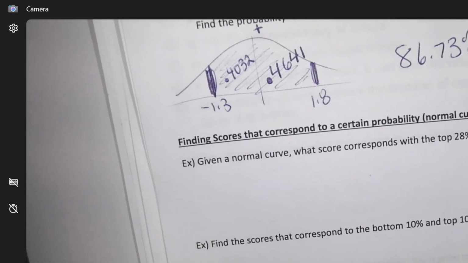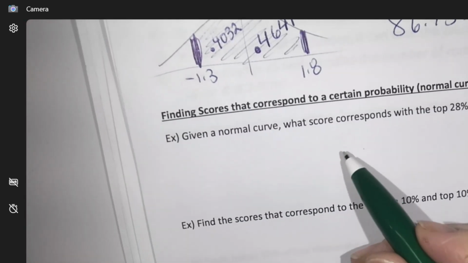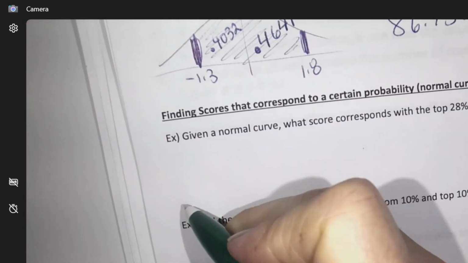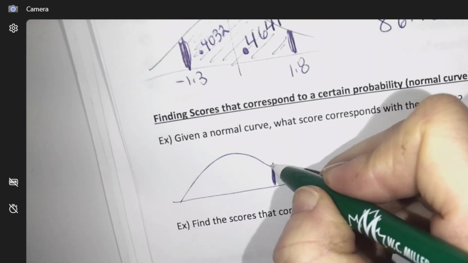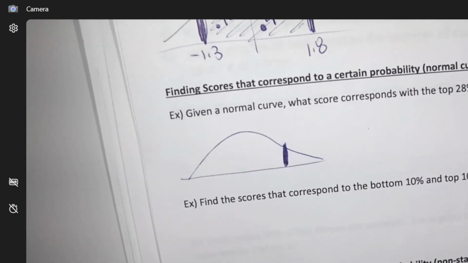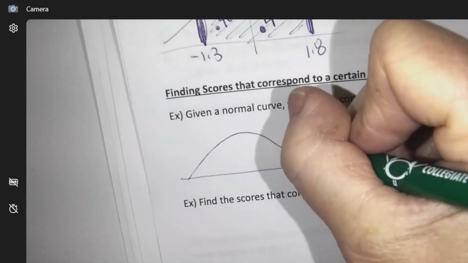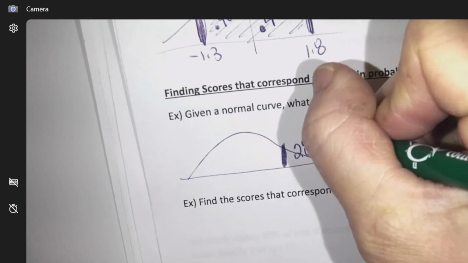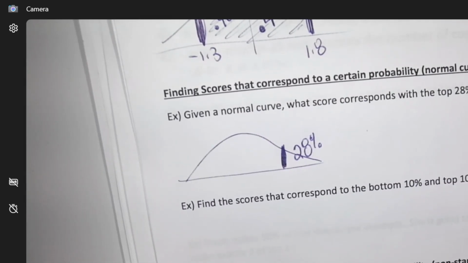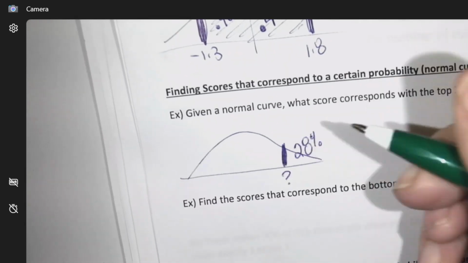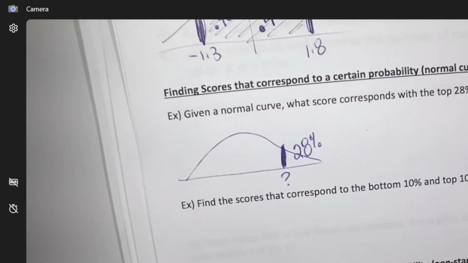Okay, given a normal curve, what score corresponds with the top 28%? Okay, so this time I have 28% above me, and I want to know what my score is.